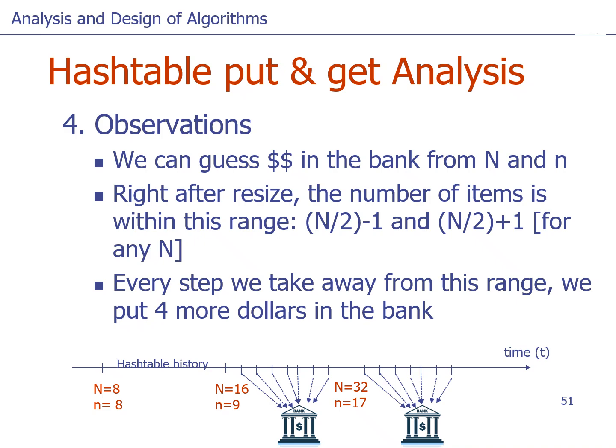Now, because I have established a range for the number of entries in the hash table given a specific big N, what this enables me to find is at least the amount of money I have in the bank, because that will be the amount of money I accumulated between the last two resizes, the one I'm standing in and the one before it.